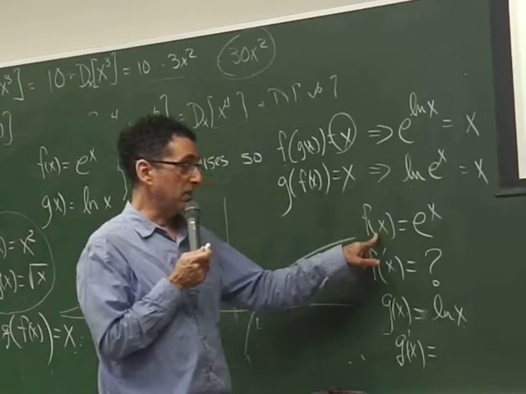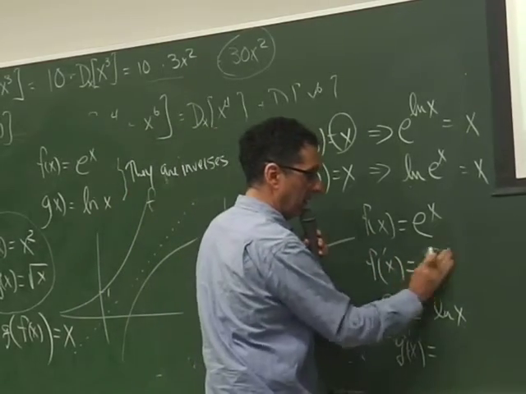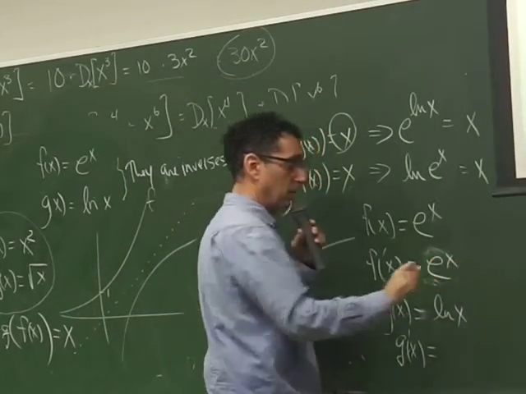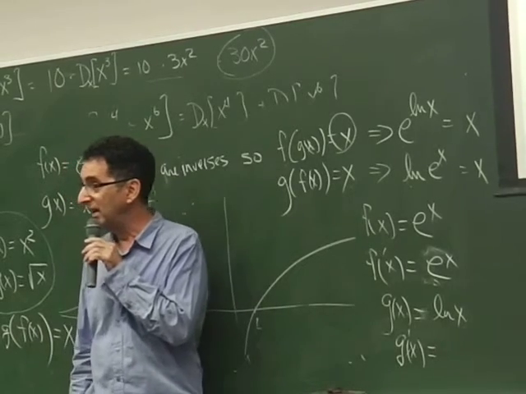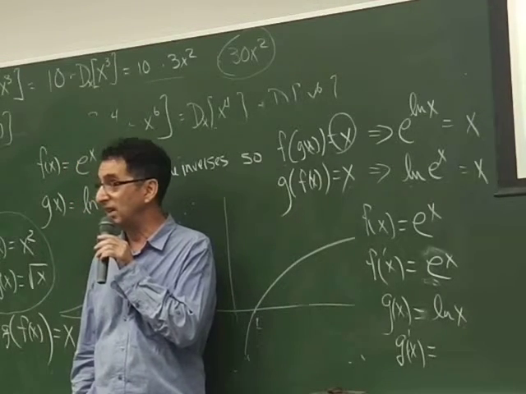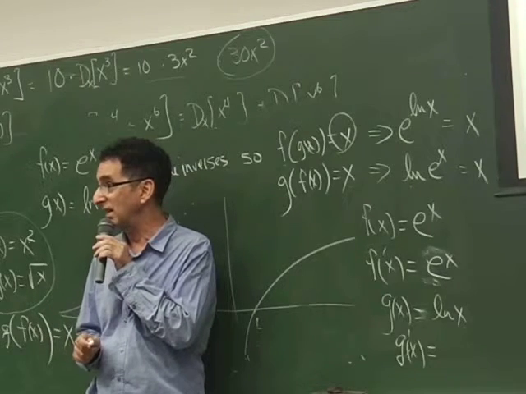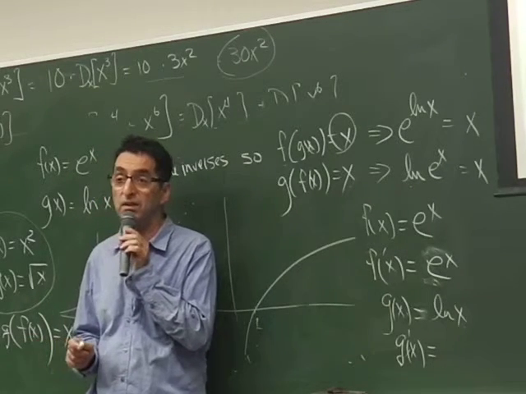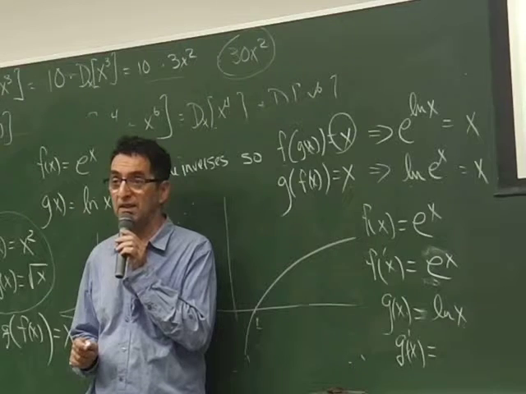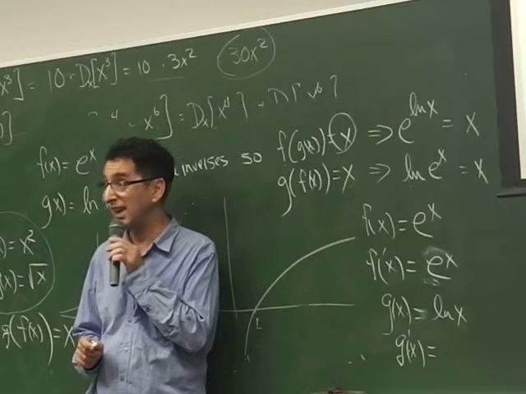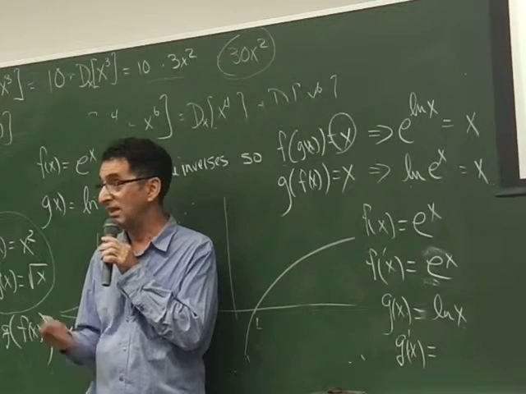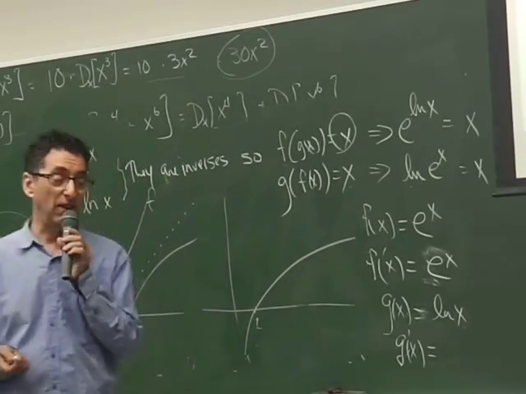So if f is equal to e to the x, the derivative is also e to the x. That's pretty weird, but that's the only function whose derivative is the same as the function itself. There's never any other function that will do this. Okay, that's just a fact.